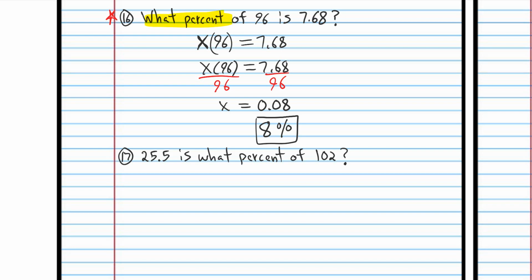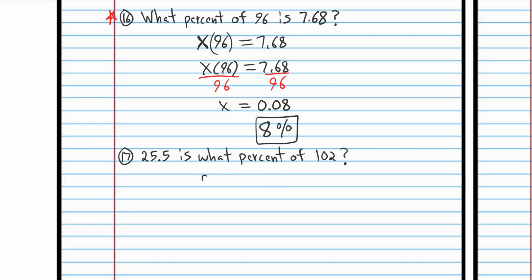We're going to take 25.5 and we're going to multiply it by the percent written as a decimal. So 25.5 times the percent written as a decimal is equal to 102. Actually, no, I didn't do that correctly.